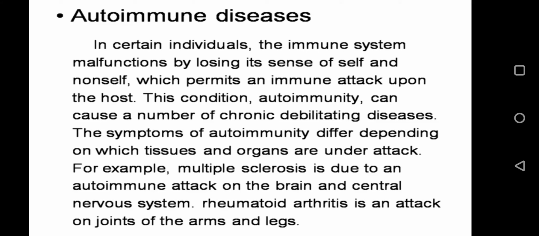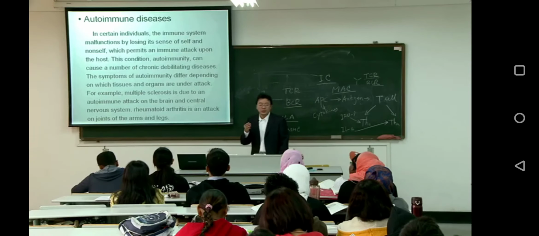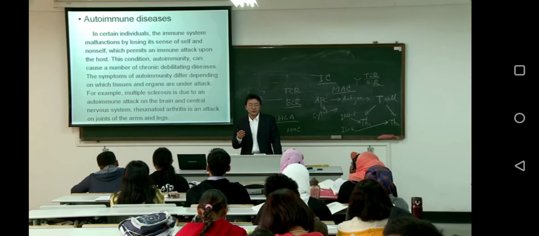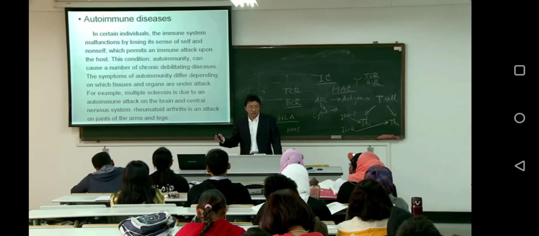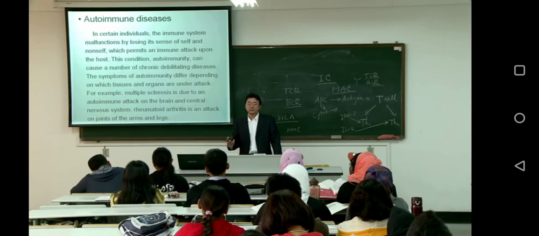In certain individuals, the immune system malfunctions by losing its sense of self and non-self. So the key concept of the immune response is recognition: distinguishing self and non-self. If there is something wrong with this procedure, then related immune diseases will develop.